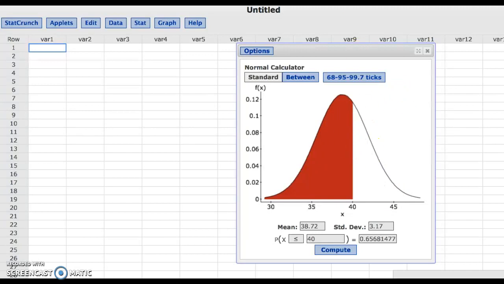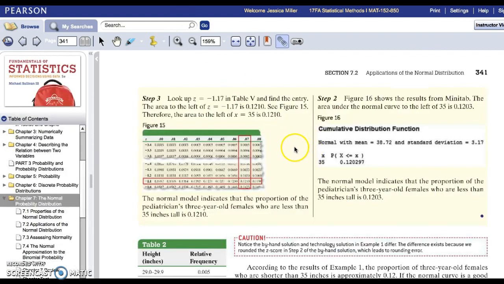So let's go back and make sure we answered the question. If we wanted the proportion less than 35 inches, we calculated this 0.1203, and that's the proportion. If they'd asked for the percent, we could say approximately 12%.